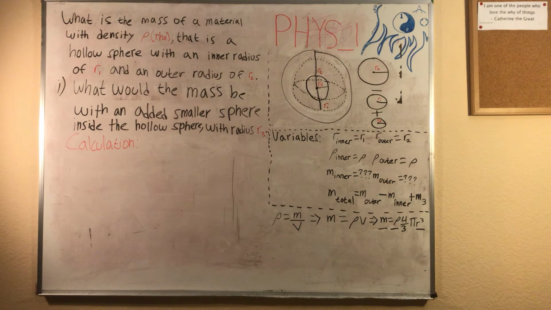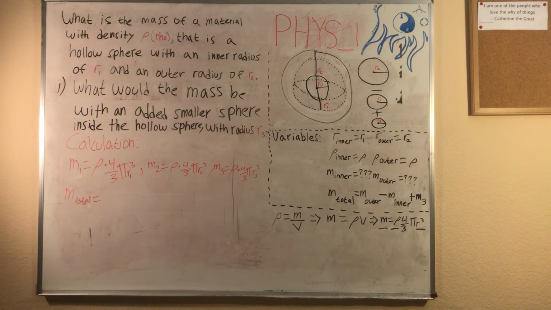Start with rewriting the equation for mass, which equals rho times 4/3 times pi times the radius cubed. Let's mark this one for radius r sub 1. Let's rewrite and mark for radius r sub 2, and rewrite one more time and mark for radius r sub 3. With three equations for mass, we can now solve for total mass of our system.